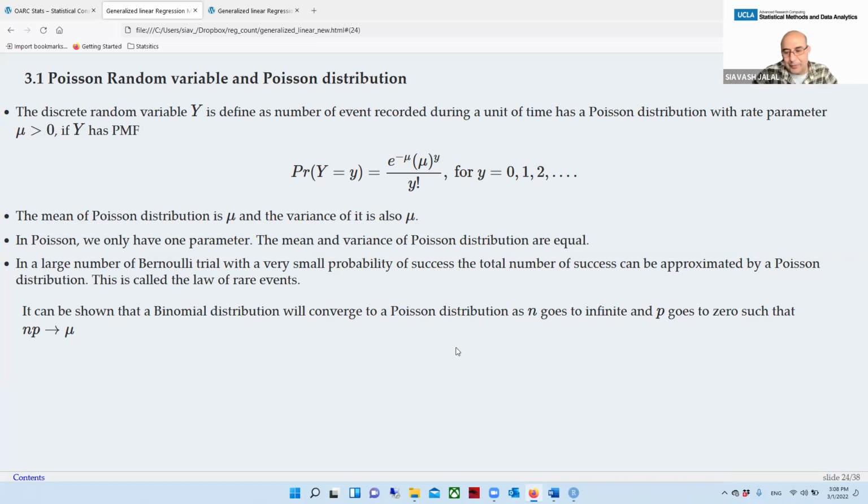One standard example of Poisson is, in 1 milliliter of water, or 1 gallon of water from a lake, how many plankton are there? This kind of count is Poisson.